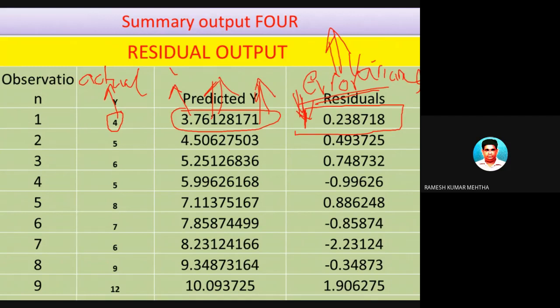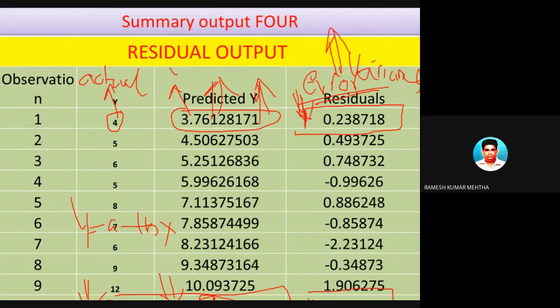So for example, here in case of this particular last item, the actual number of marks secured was 11, but the predicted model y is equal to a plus bx has predicted the marks as 10.84, and the residual is 0.16.